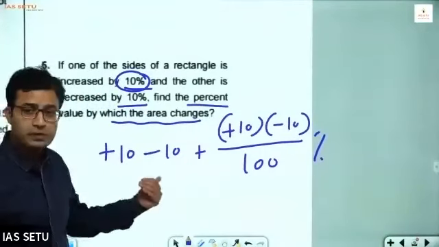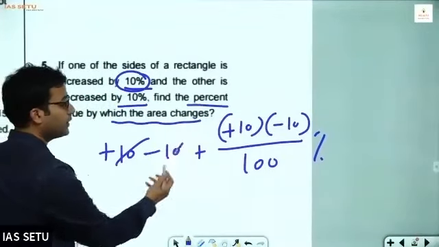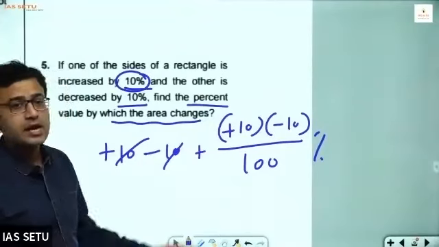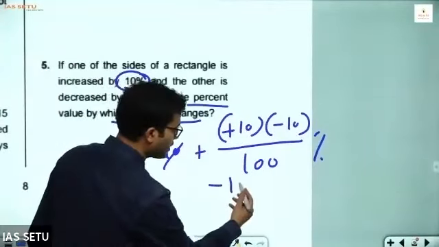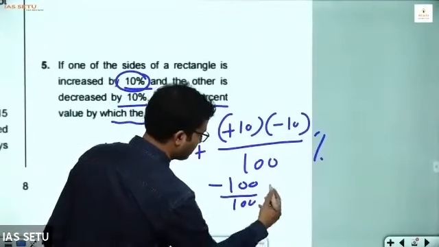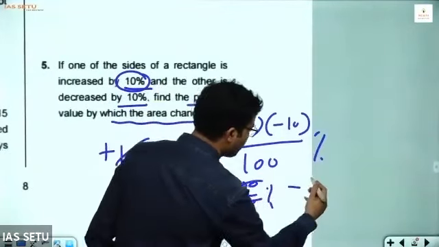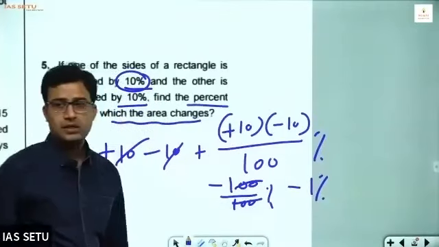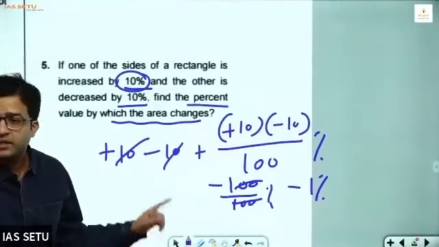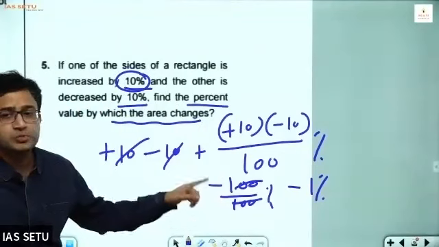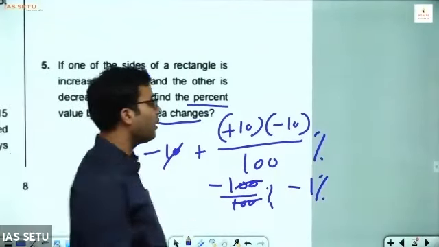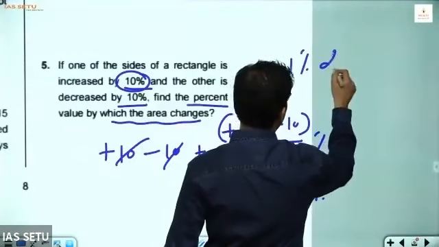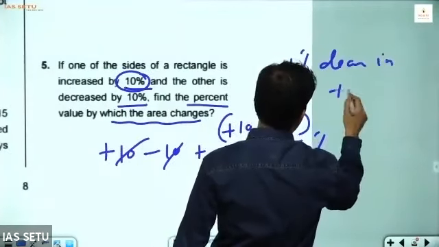So here plus 10 minus 10 cancel, but here 10 into 10 is 100, and all of you know plus into minus is minus, 100 upon 100%. So this is minus 1%. Don't ignore the sign. Here 1% change and minus means 1% decrease in the area. So here question number 5, the answer is 1% decrease in the area.